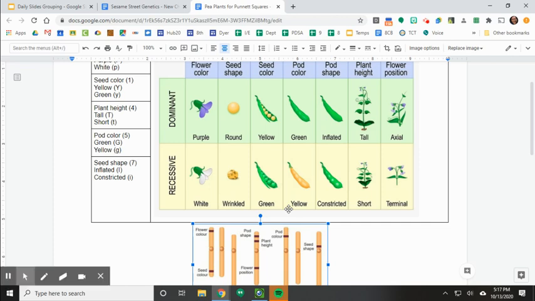And so we're going to take a look here at pea plants. We've got 7 chromosomes in pea plants: 1, 2, 3, 4, 5, 6, and 7. A pea plant will have 2 copies. So it'll have 2 chromosome 1s, 2 chromosome 2s, 2 3s, 2 4s, 2 5s, 2 6s, and 2 7s.